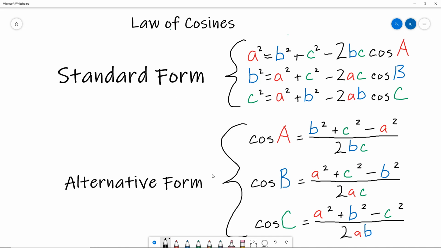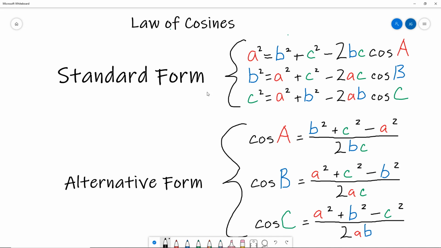Below, I wrote out what we call the alternative form. These are the forms if we just solved for the cosine of the angle. And you'll see that in each of the cases, the cosine of either A, B, or C is going to be equal to a fraction that involves all three sides of the triangle.